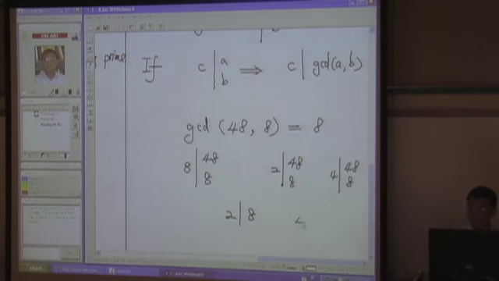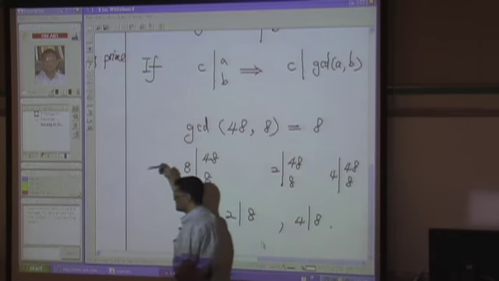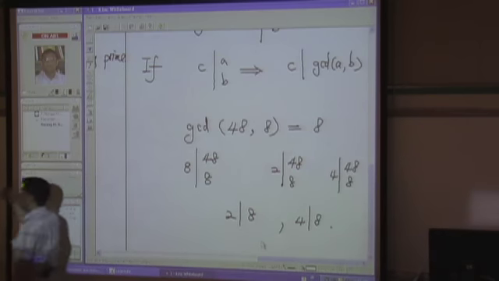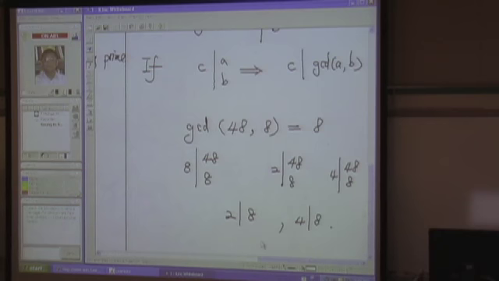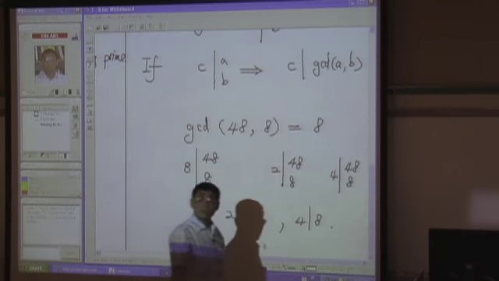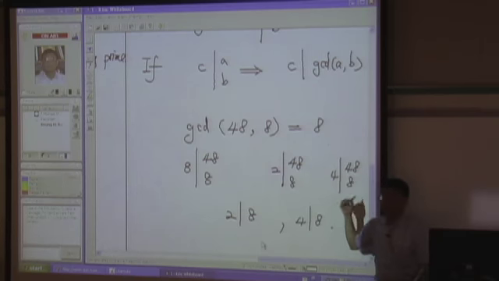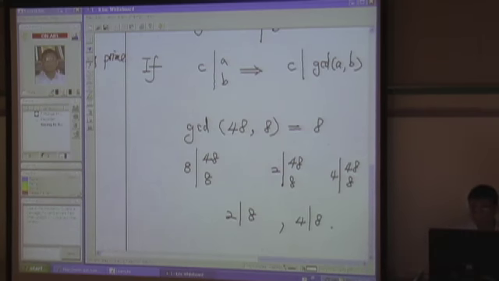Does 4 divide 8? Yes. So this is the statement: if there is another common divisor, not necessarily the greatest, then the common divisor divides the greatest common divisor. Why is this non-trivial? Is it always the case, or can something strange happen? Because of the theorem, nothing strange can happen, but at least you can consider it this way.